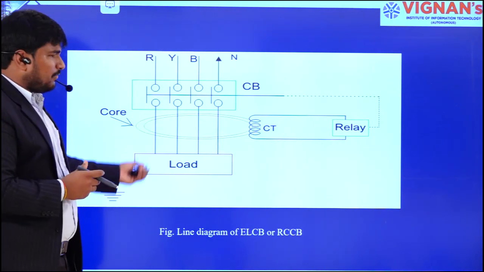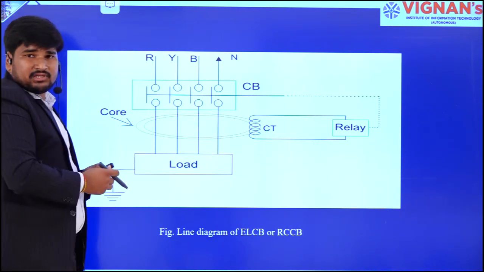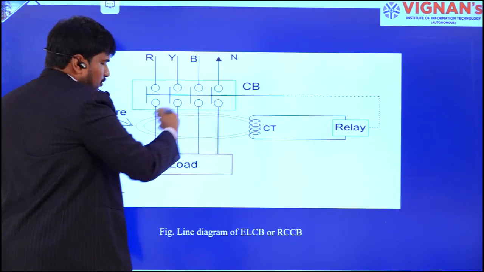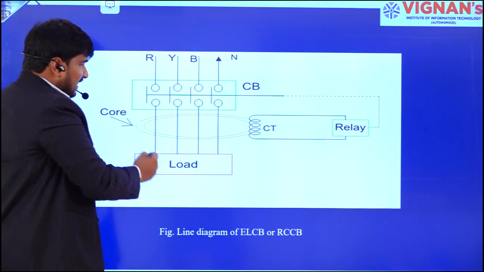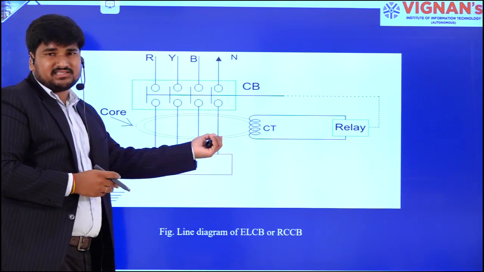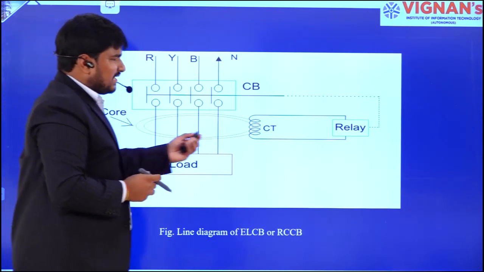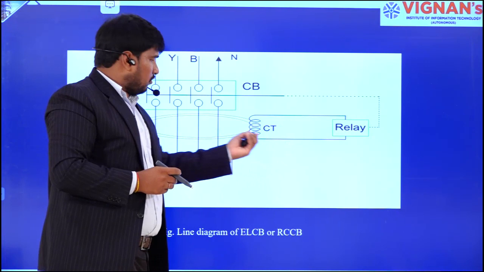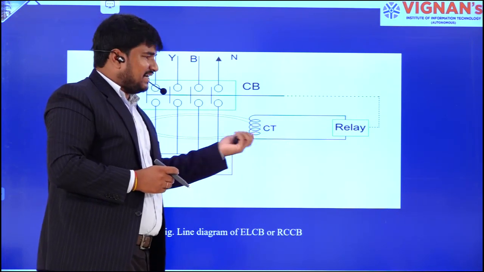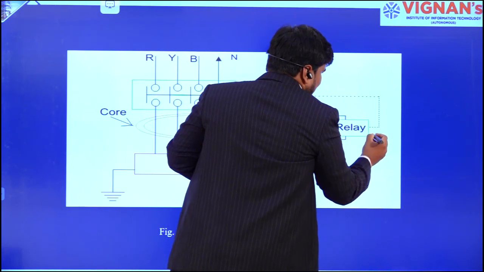So with this diagram you can see here, the core is connected to all wires. That means R phase, Y phase, B phase, which is common to neutral. This will be sensed by the coil, which we call the CT. Because of this, the relay will operate.